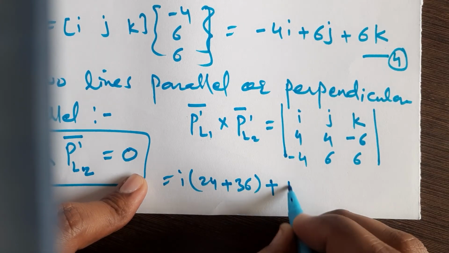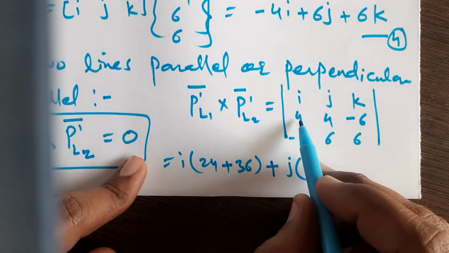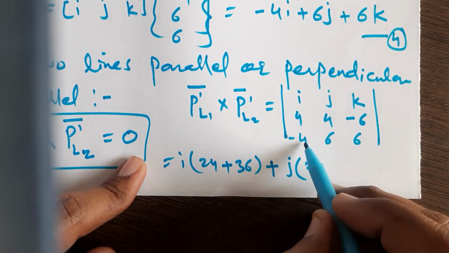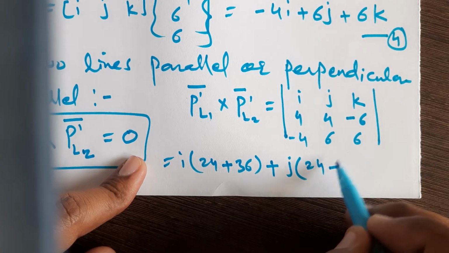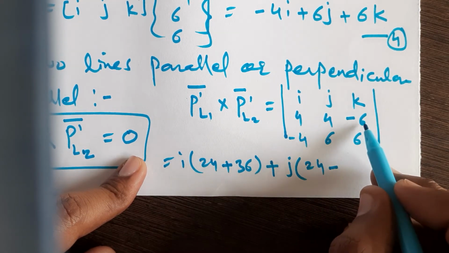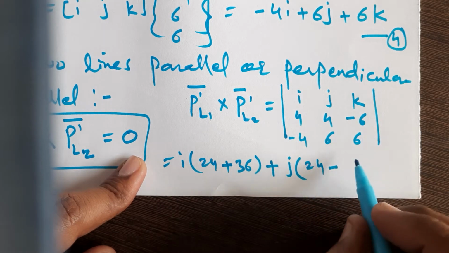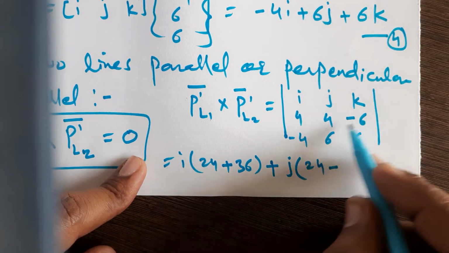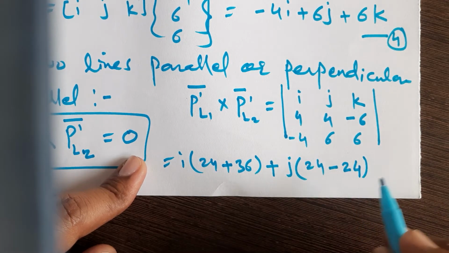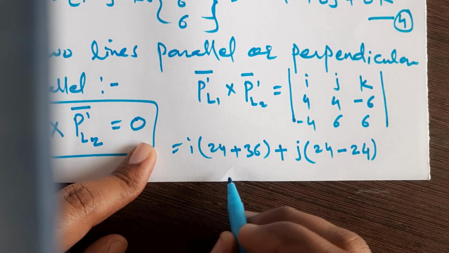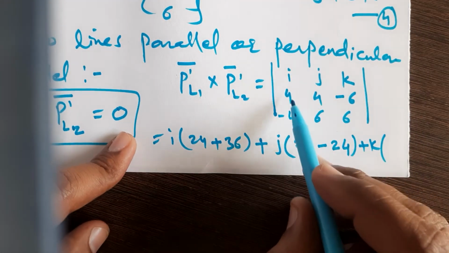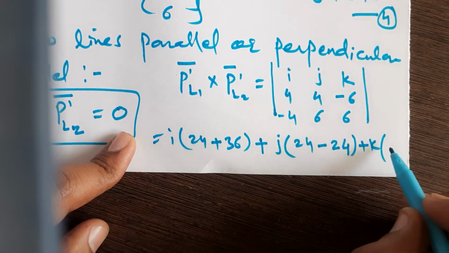Now minus J in bracket: 4 into 6 is 24 and minus 4 into minus 6, minus 4 into minus 6 is plus 24. Okay, sorry, this minus sign is already there, so plus 24 will be written here. Then plus K in bracket: 4 into 6 is 24.